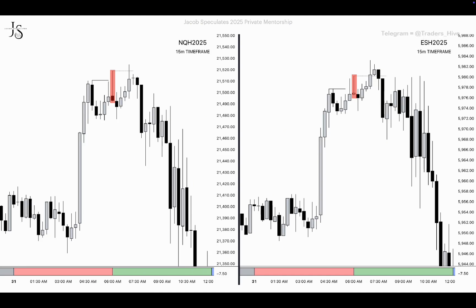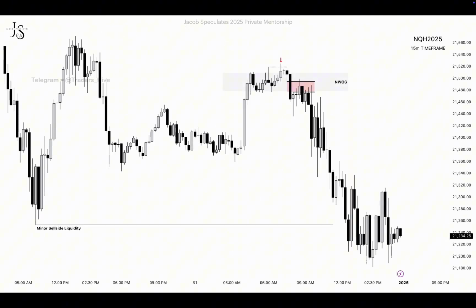Whenever you have a PSP that forms an SMT and that PSP wicks the high or the low, price is likely to run that high or low one more time before making the true reversal. And that was the entry. So price wicked above the previous quarter's high, and then I expected it to run that high one more time, and then that was the entry.